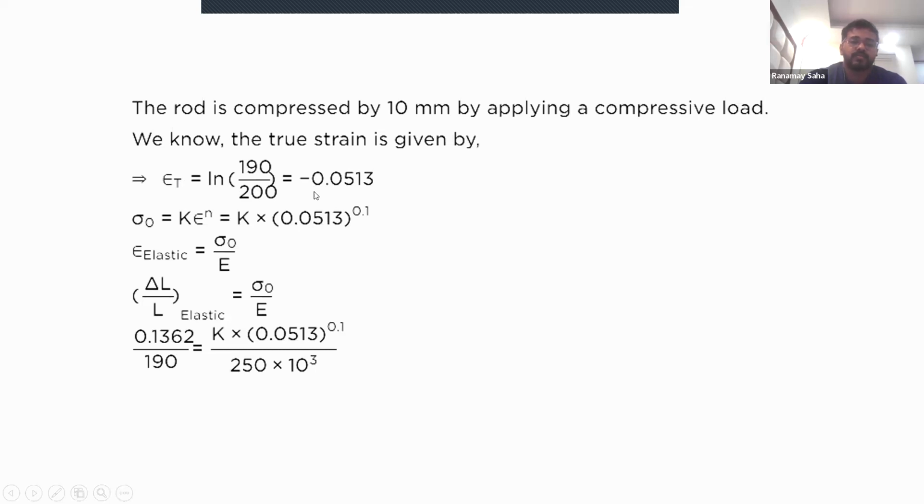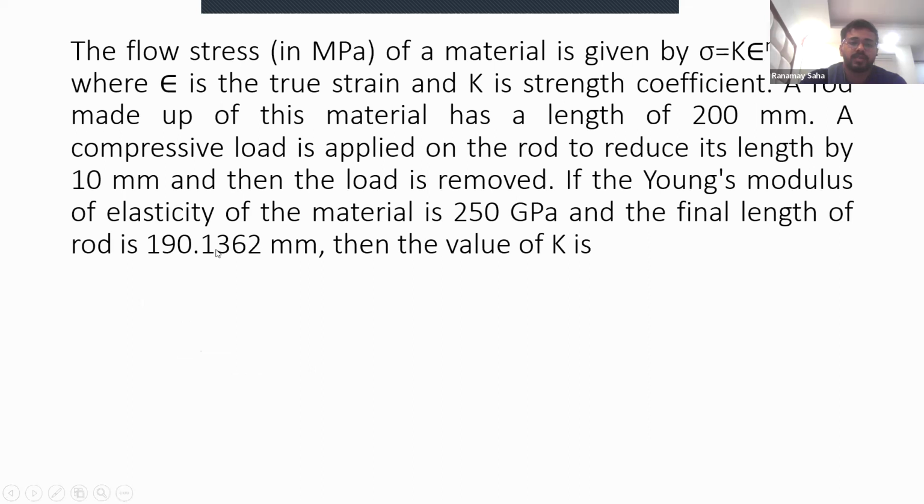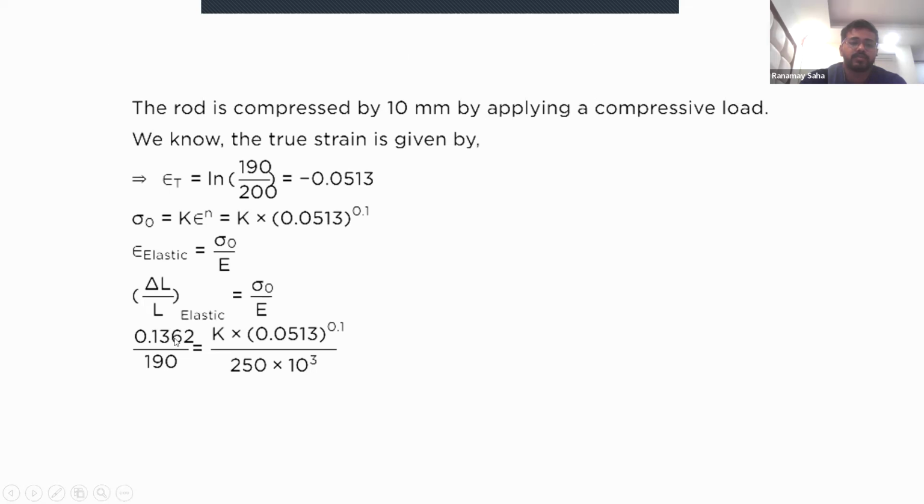Now you use the stress strain relationship for the plastic deformation, K epsilon to the power n, being the flow stress. From that, you equate it to your Hooke's law for the elastic portion. Equating these two, you can find out your K, because your change in dimension, you can see, is 0.1362.